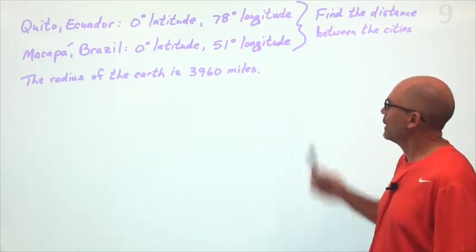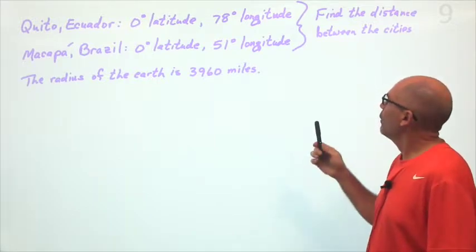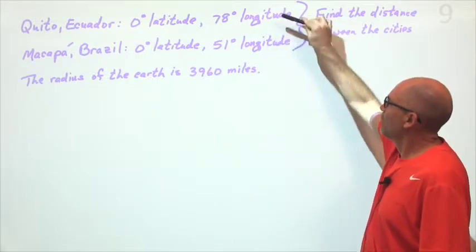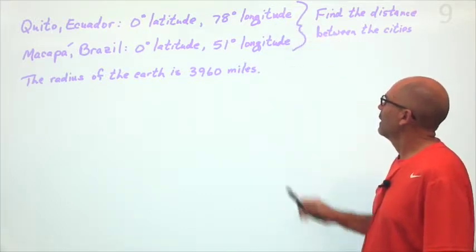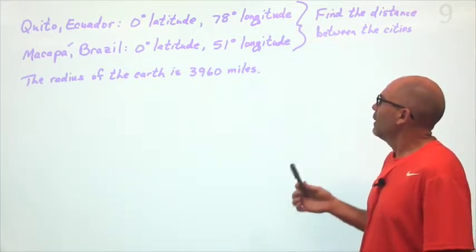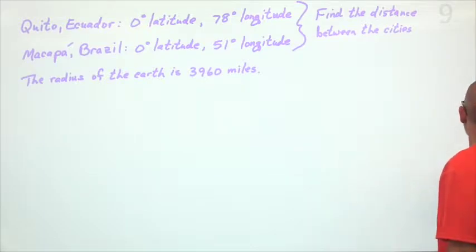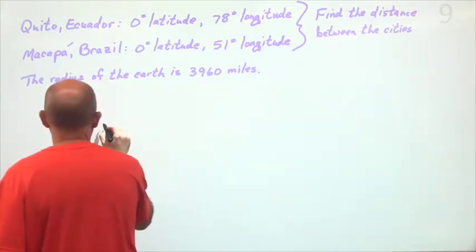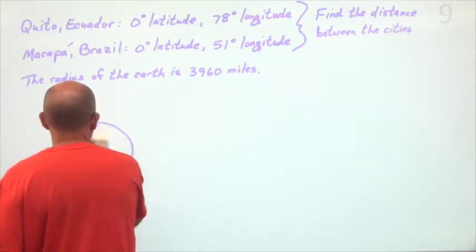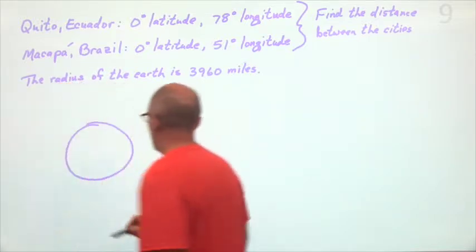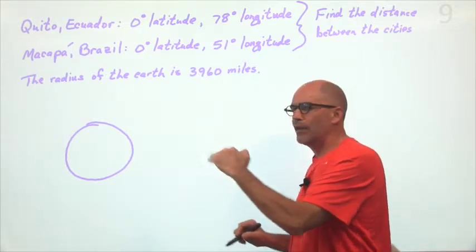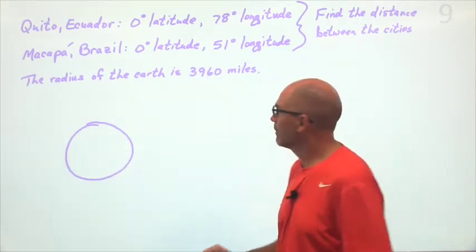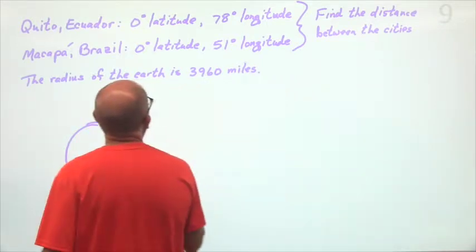Okay, so how are we going to do that? Well, first of all, let's find the difference in the angle between the two cities. So let me just draw you a little sketch of what we're talking about. Here's the Earth, and we're looking down on the Earth. So basically this blue line is the equator.